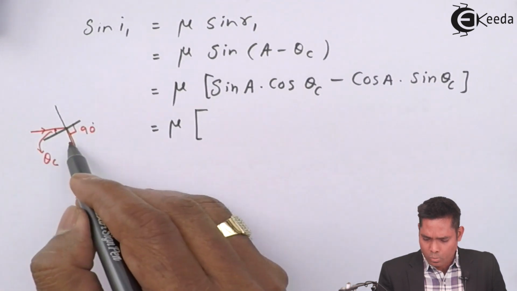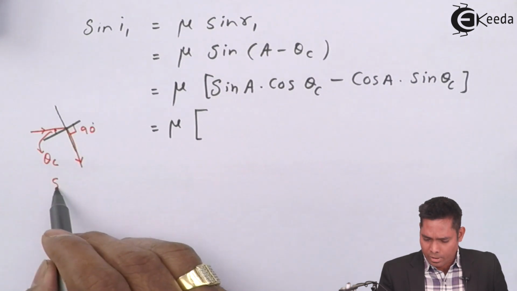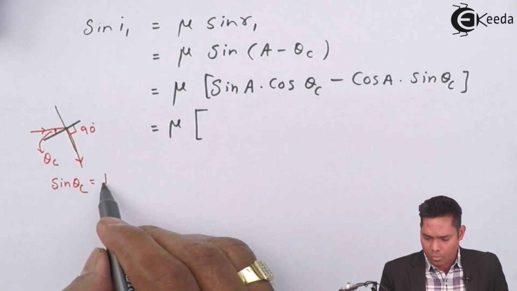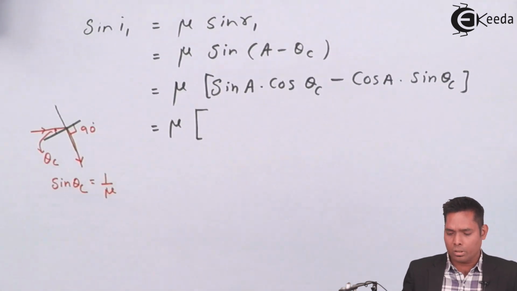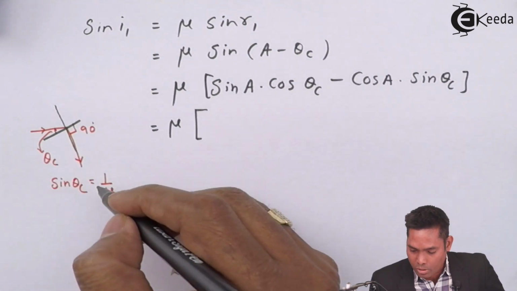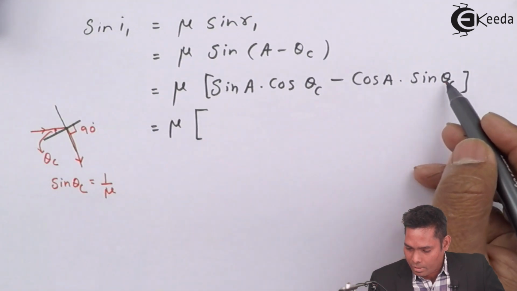For these two, I have the relation that sine theta c equals 1 over mu. This relation can be used in place of sine theta c.